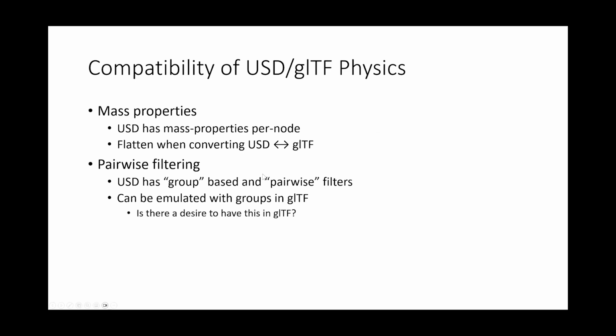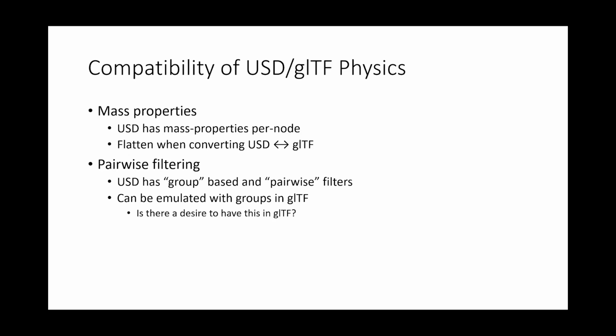A couple of other things, and I grouped these two on this slide together because I think they're tied into the way that USD composes files and can compose new scenes from multiple USD stages. So USD has mass properties that you can add to an arbitrary node, and then when you're constructing your rigid body, you'll take the aggregate of all of those mass properties.